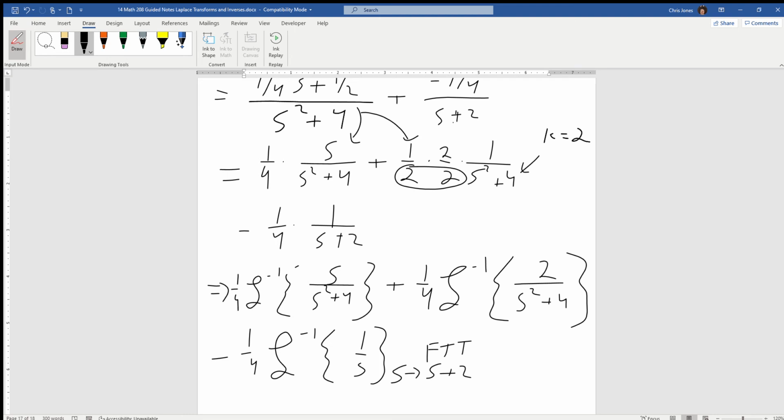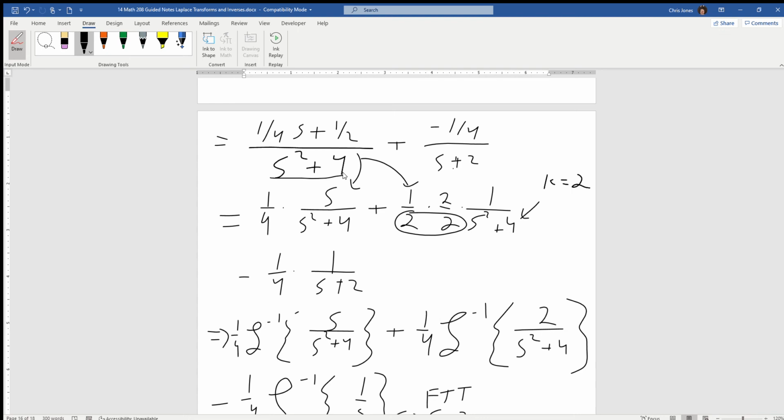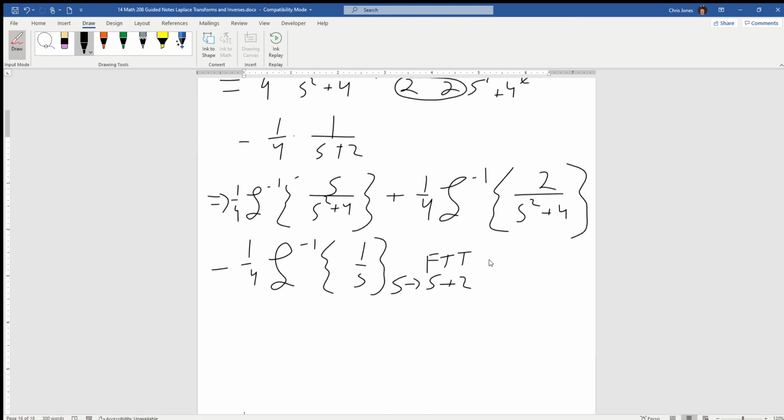We have to be really careful when we see these translation theorems, because we could have thought the translation theorem could be used on S squared plus 4, but it has to be a linear term. So make sure that for S squared you think about sines and cosines.